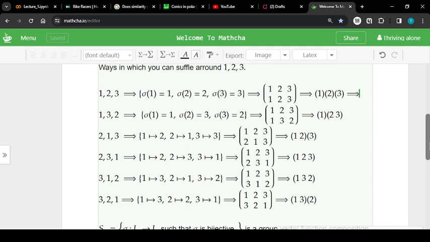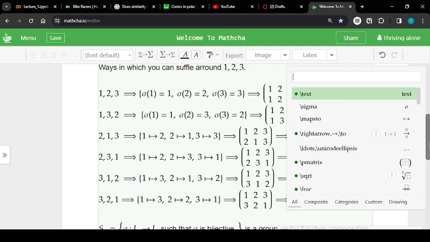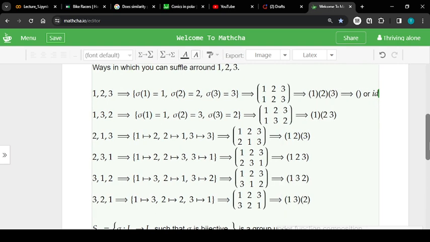Since all the points are fixed in this permutation, this is the usual notation, because of course if you write nothing, it does not make sense. So we usually use this, or often the symbol ID is written.